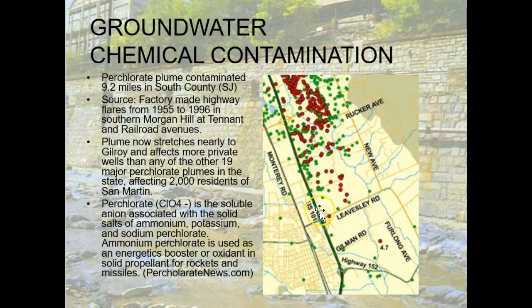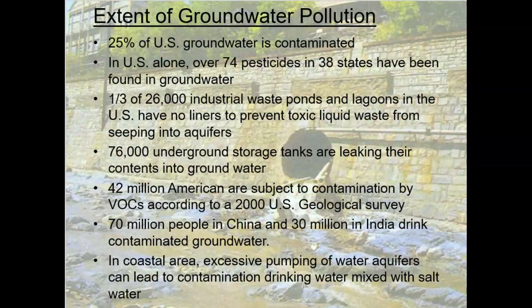Here's more detail about where this was located in South County. You can see here Monterey Highway and US 101. And you can read more about this if you'd like. So, in the United States, about a quarter of our groundwater has some sort of contamination. In the U.S. alone, many pesticides are found in groundwater.